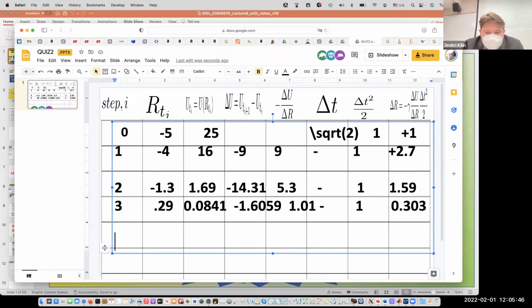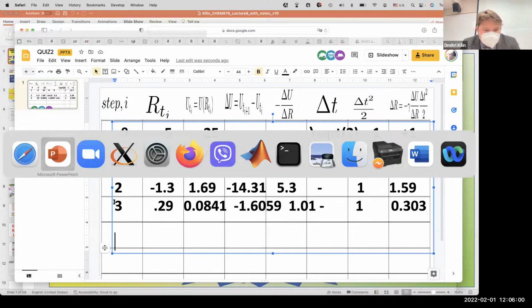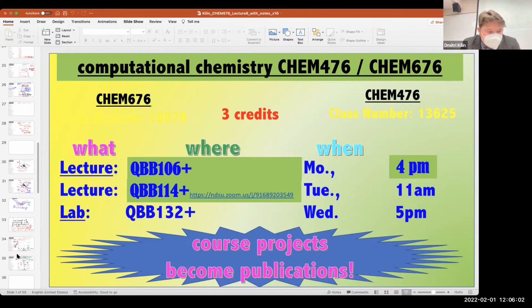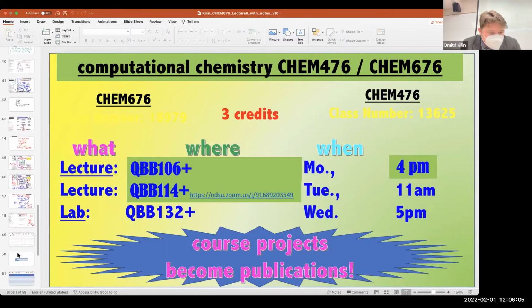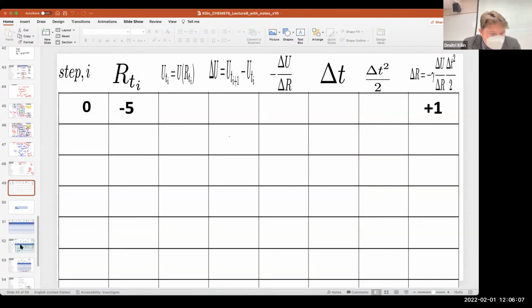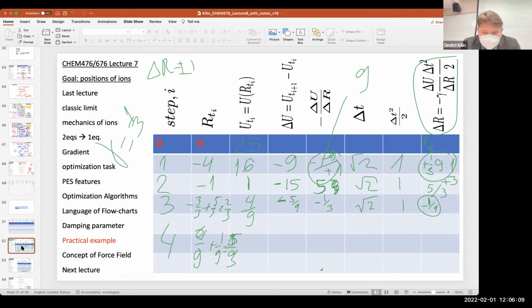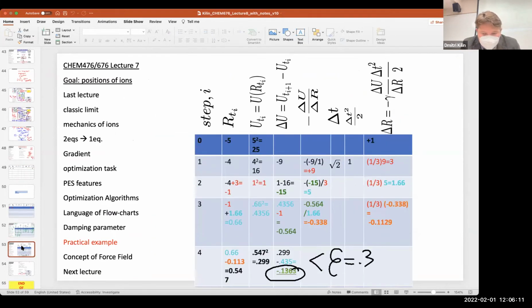But you see, with smaller and smaller increments, we approach closer to the minimum, and at some point it may flip the sign in the last column, and if you go too far, it will return back. So let me return to the slides. Here are the numbers from previous years.